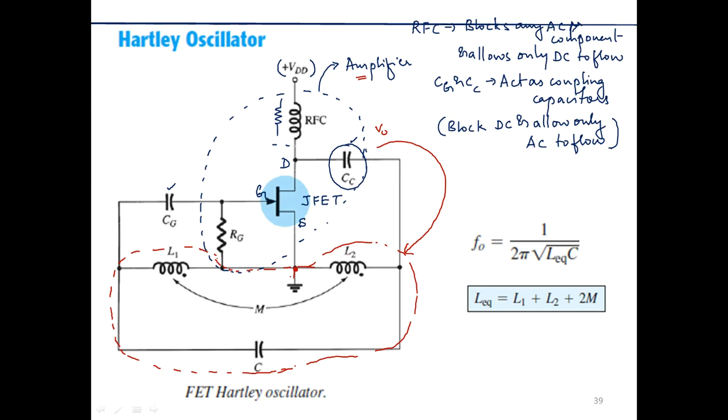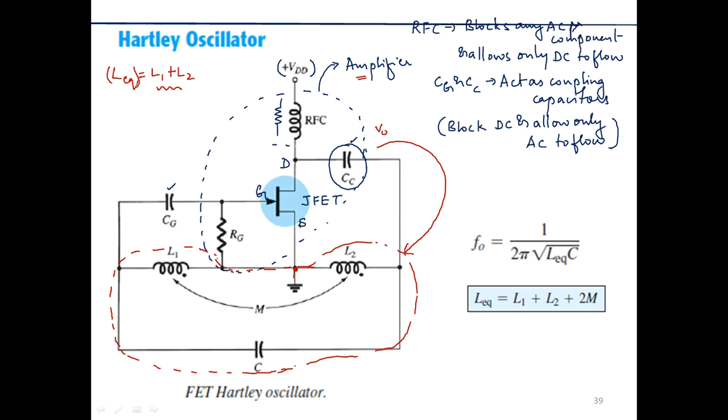We could have used a single inductor whose equivalent inductance would have been the summation of the two individual inductances being used here, L1 and L2. For example, L equivalent is equal to L1 plus L2. Instead of L1 and L2 we could have used only L equivalent.